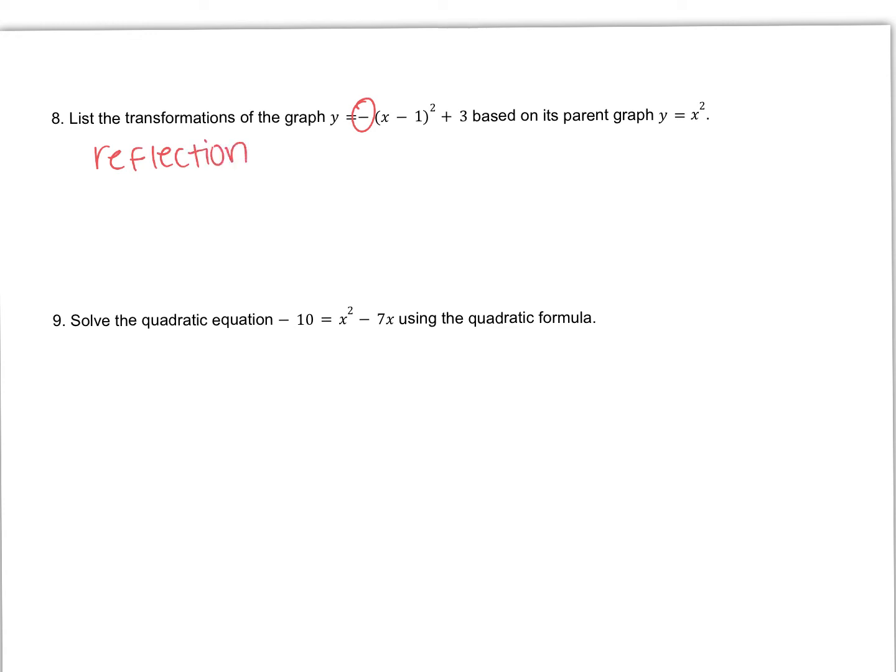Then we look at any value being added or subtracted with x inside a set of parentheses. What that means is it's a horizontal translation. More specifically, in this case, it's going to be right 1.